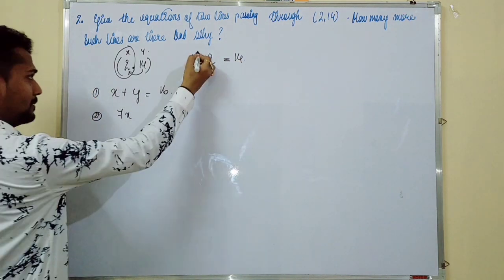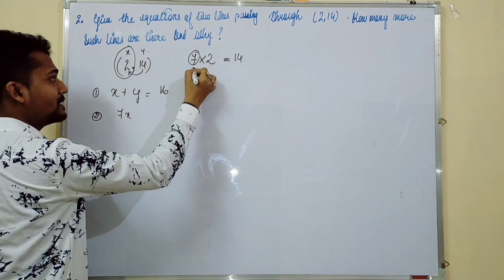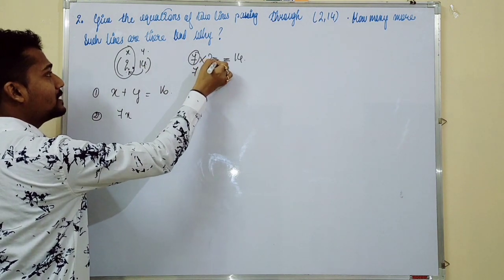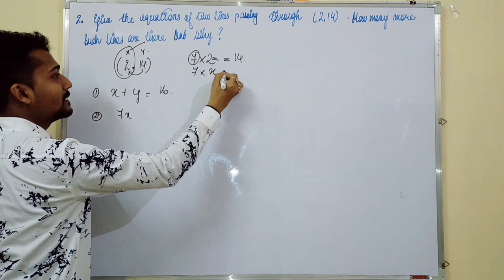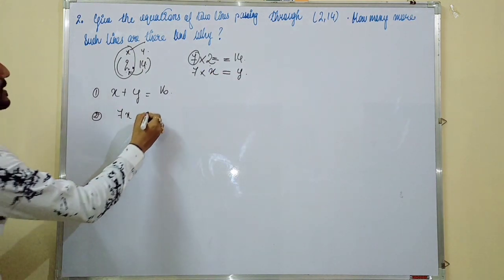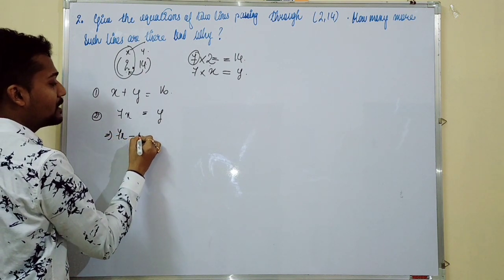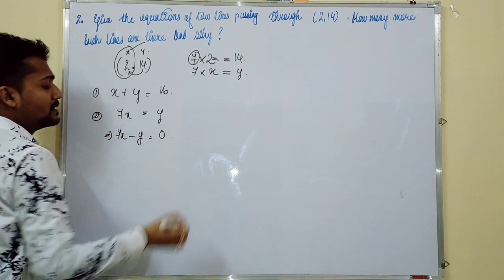If you multiply 7 with this 2, you will get 14. That means 7 into x, and 14 is equal to y. That means 7x is equal to y, or you can write 7x minus y is equal to 0.